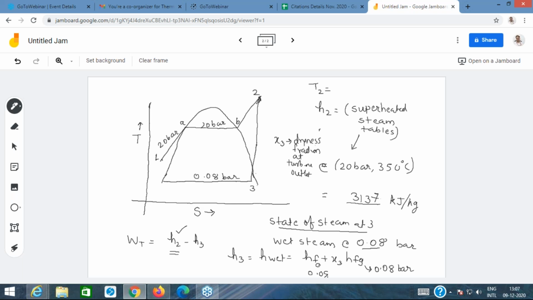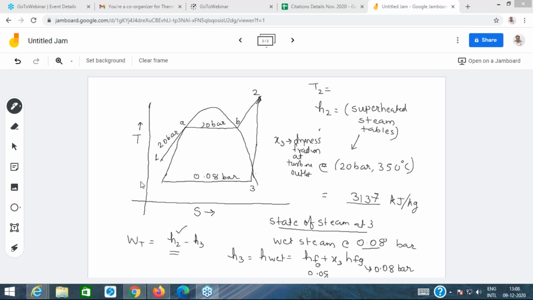So the value of Hf is 173.9 and Hfg is 2403.2, which is correct. Anamta, Nikhil and Neha have answered it correctly.